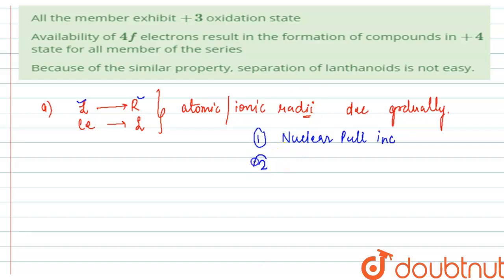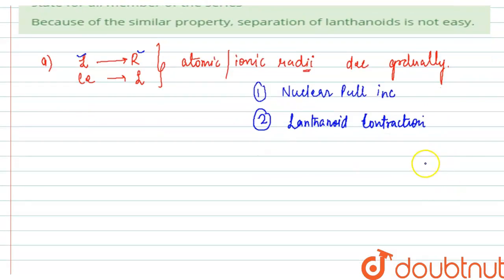And the second reason is lanthanoid contraction. So what exactly is lanthanoid contraction? We know that according to the general electronic configuration, which is (n-2) 4f 1 to 14, 5d 0 to 1, and 6s 2, before d in lanthanoids the 4f orbitals are filled.